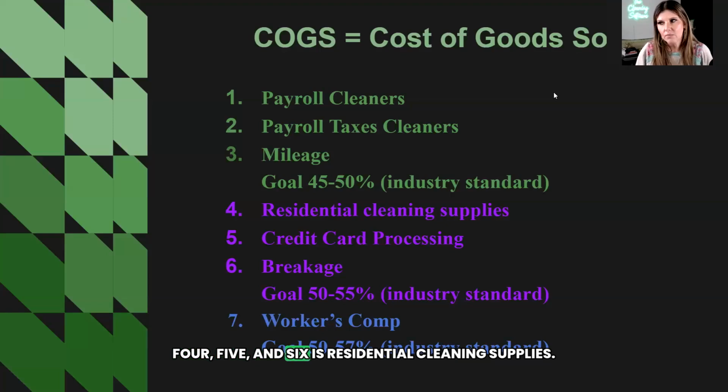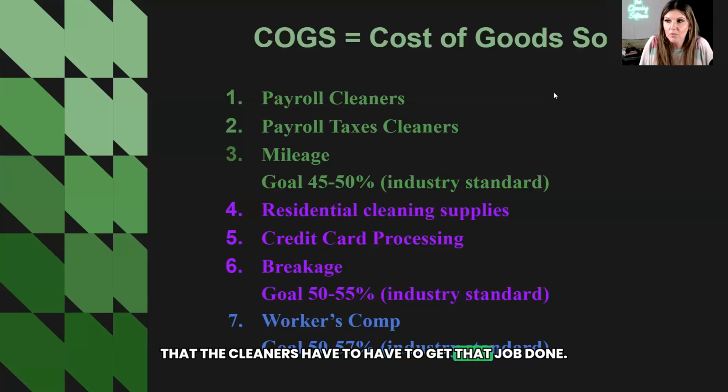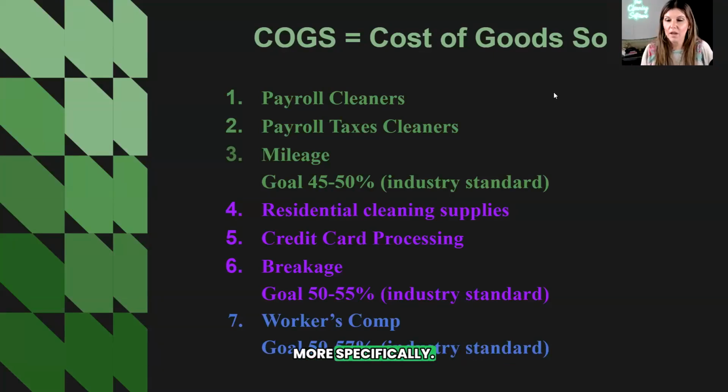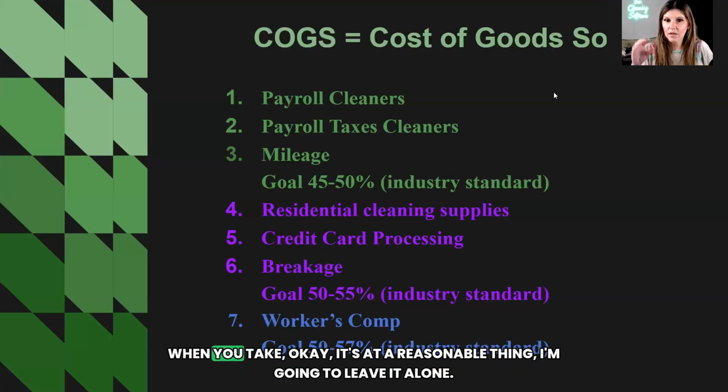Four, five, and six is residential cleaning supplies. That's any supply that the cleaners have to have to get that job done. That includes vacuums, everything. If you want to get really granular, you can even categorize your cleaning supplies more specifically: this is chemicals, this is vacuums, these are brushes. If your supply cost is too high, then that's when you get really granular and start measuring those differently. If it's at a reasonable level, I'm going to leave it alone.